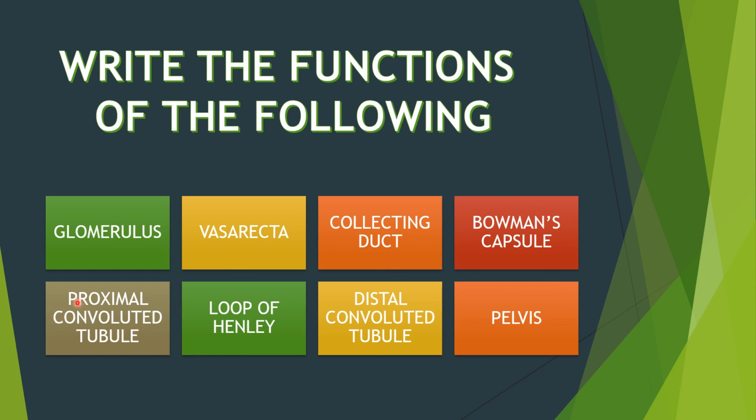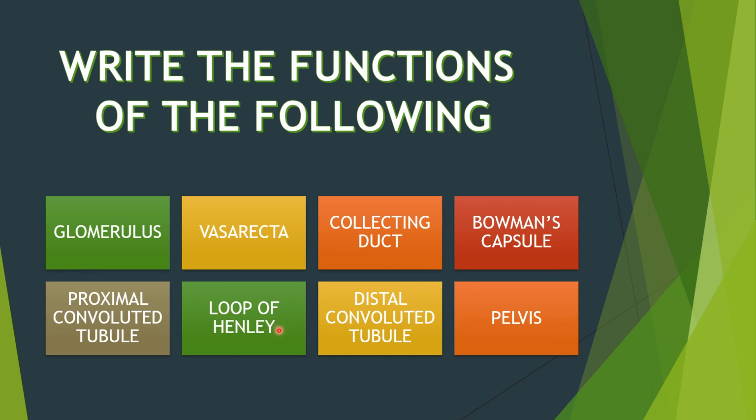In the proximal convoluted tubule, much water, glucose, and sodium and chloride ions are reabsorbed into the capillaries. In that region, reabsorption of useful substances like glucose, sodium and chloride ions and much water will occur.